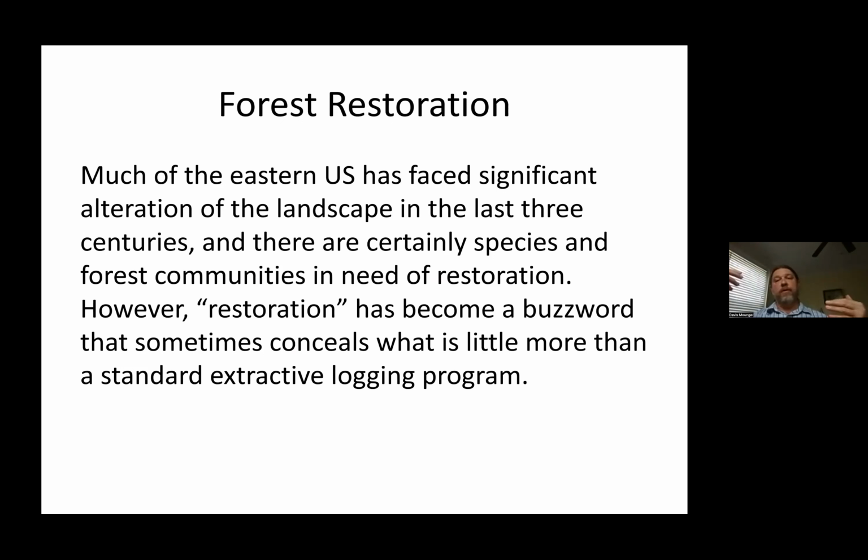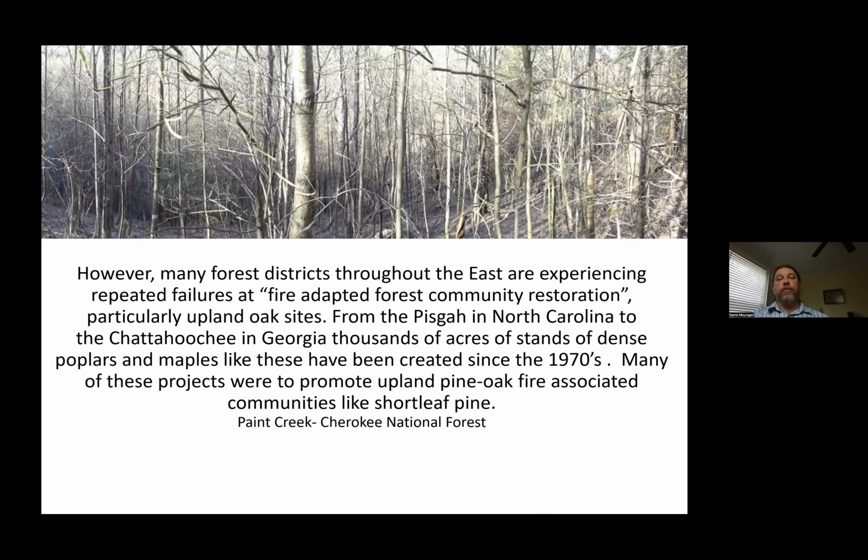And so we've been doing this all across the United States, and in the East where we're focusing on that, we've had two and three, getting close to three decades of these restoration logging projects. And like the regeneration cuts, the results are sometimes concerning, and in some places very concerning.